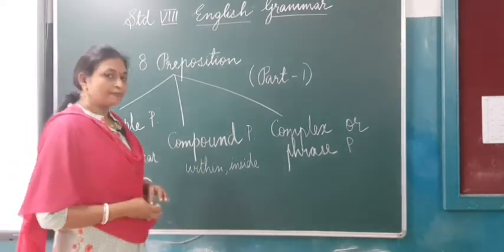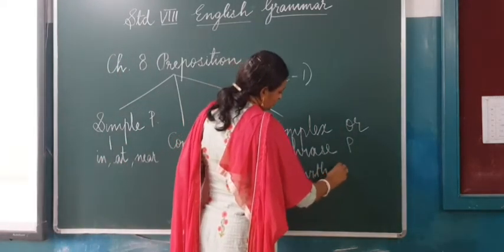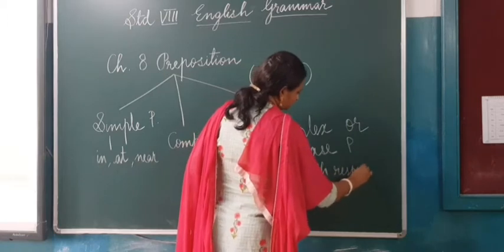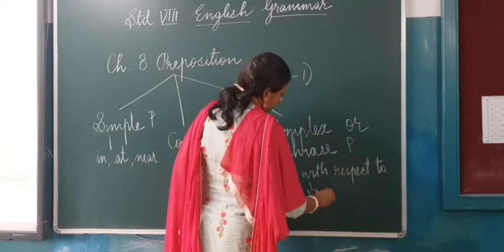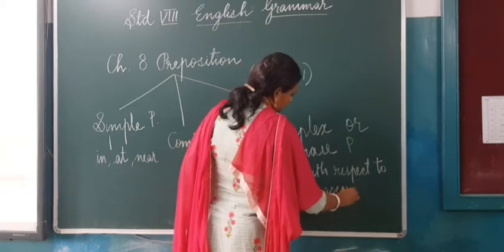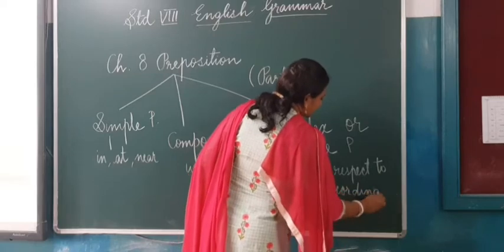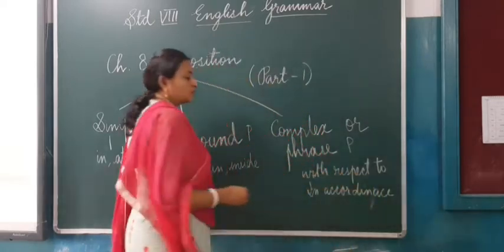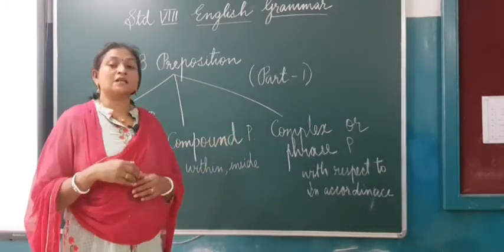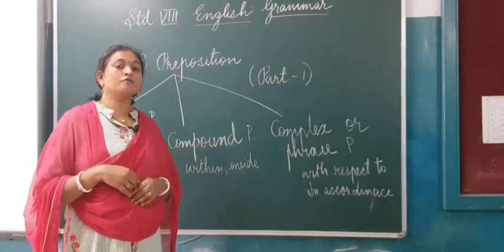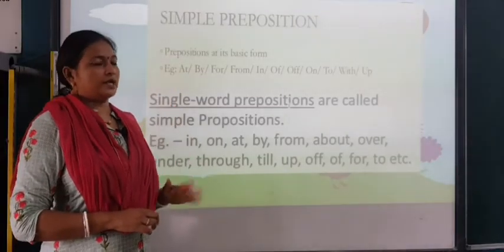And what is complex? With respect to, in accordance to. Here we have more than one word, so we call it a phrase. When you have more than one word, such ones go under complex or phrase preposition. Now let's go into detail.